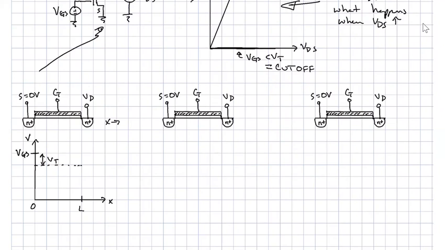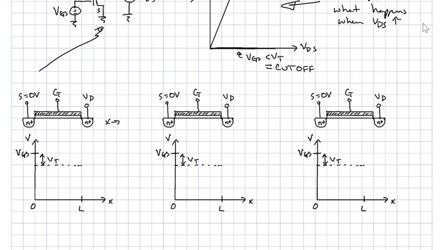If VDS, let me do a little copy paste first. So we're going to fill this in again for all of the cases we're going to consider, and mostly keep it consistent.